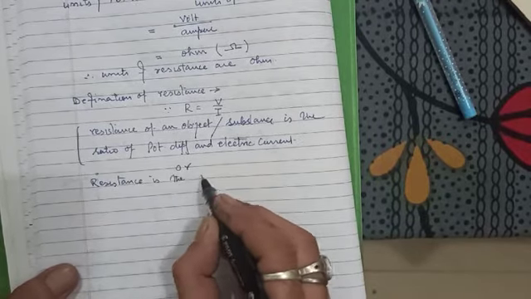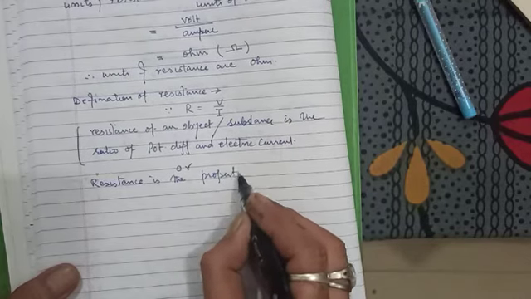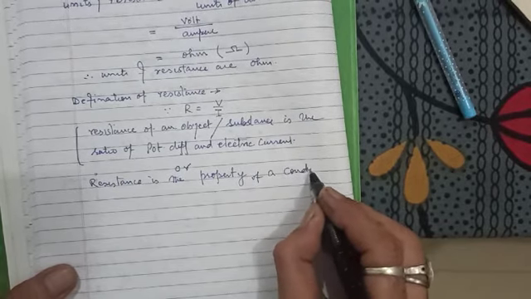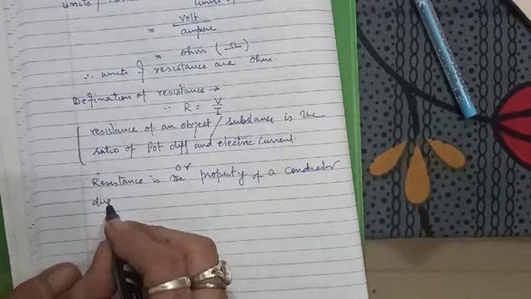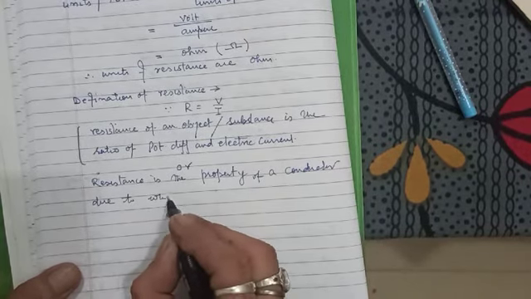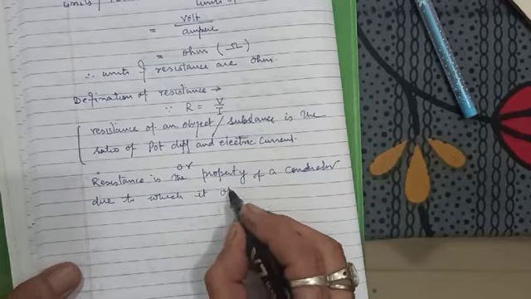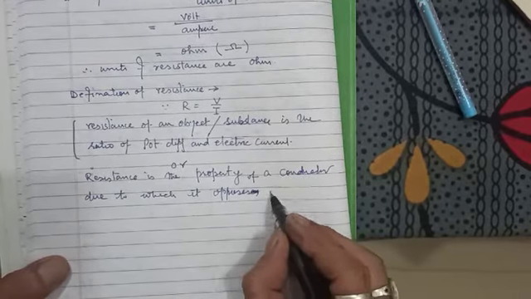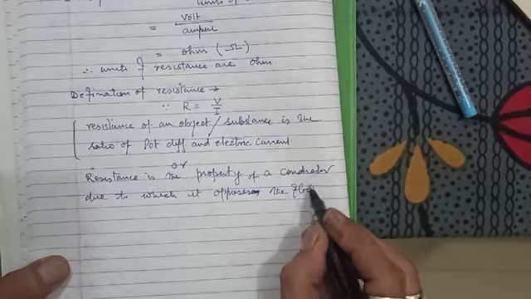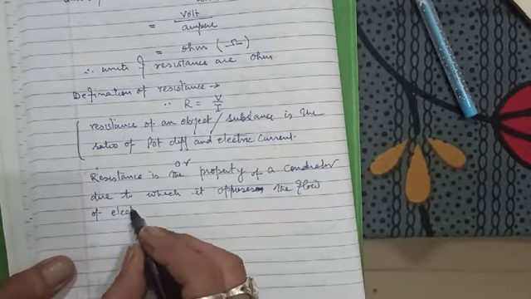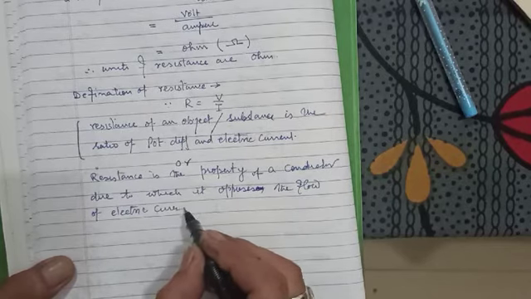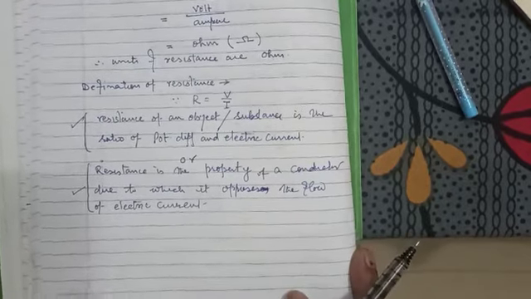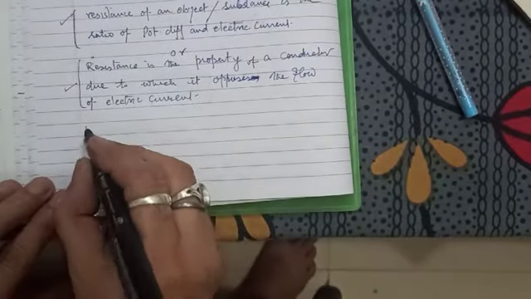Resistance is the property of a conductor due to which it opposes the flow of electric current. Opposes का मतलब होता है रुकावट डालना. अगर आपको डेफिनेशन आती है तो दोनों में से आप कोई भी डेफिनेशन दे सकते हो.